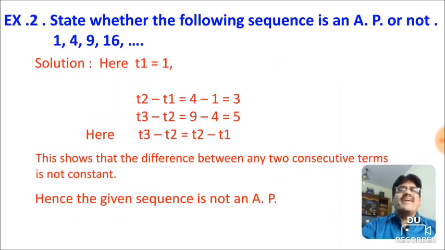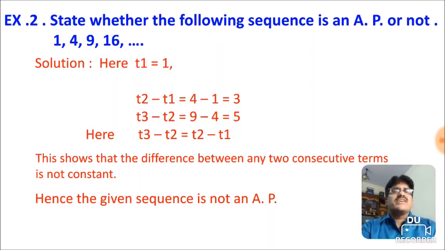Let us see the second example, students. State whether the following sequence is an AP or not. 1, 4, 9, 16, etc. Solution. Here T1 is equal to 1, T2 minus T1 is equal to 4 minus 1 is equal to 3, T3 minus T2 is equal to 9 minus 4 is equal to 5.